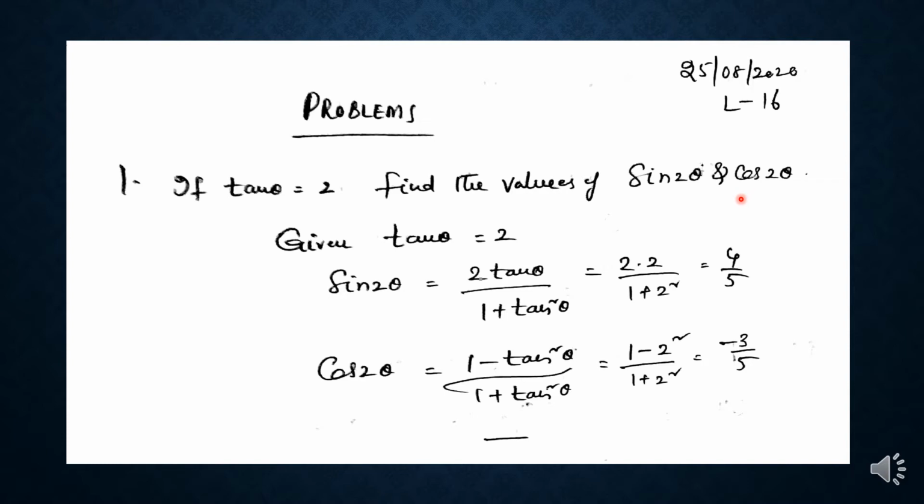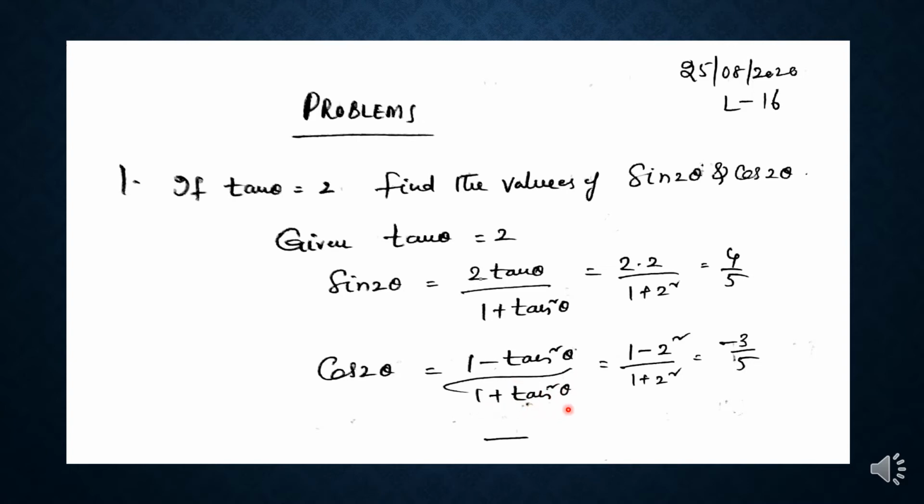For cos 2 theta, we have four formulas: in terms of cos square theta and sin square theta, only in terms of cos square theta, only in terms of sin square theta, and in terms of tan theta. Here we have given the value in terms of tan theta. So we can apply the formula cos 2 theta is equal to 1 minus tan square theta by 1 plus tan square theta.